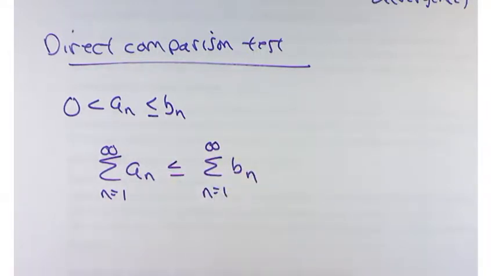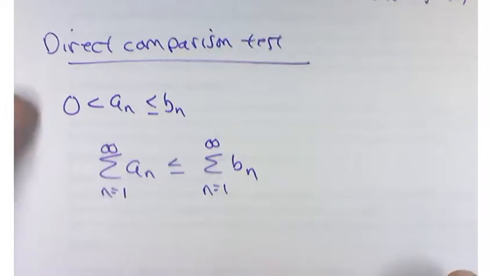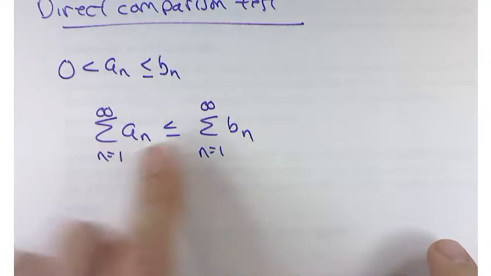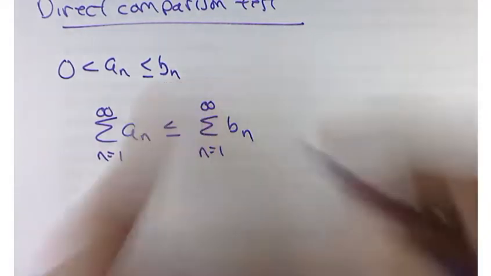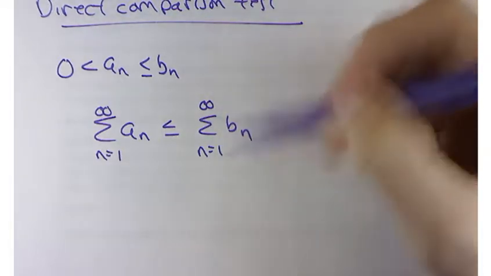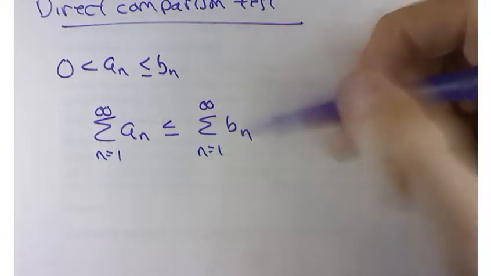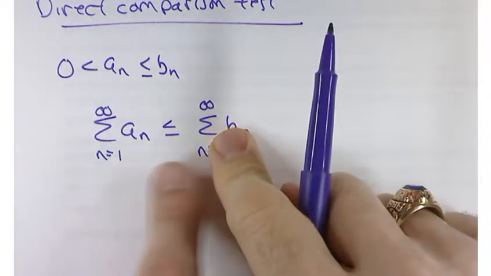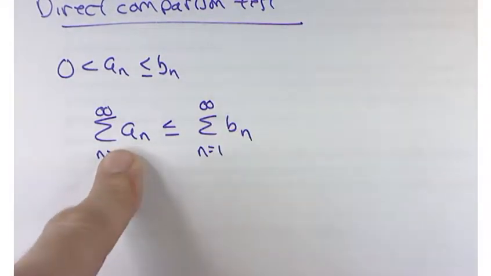Now this is good for one of two things. It depends on what you're trying to prove. So suppose that you know that b sub n converges to something, so that this series converges. It's finite. If this is finite, what does it say about a sub n? It also has to be finite, right?